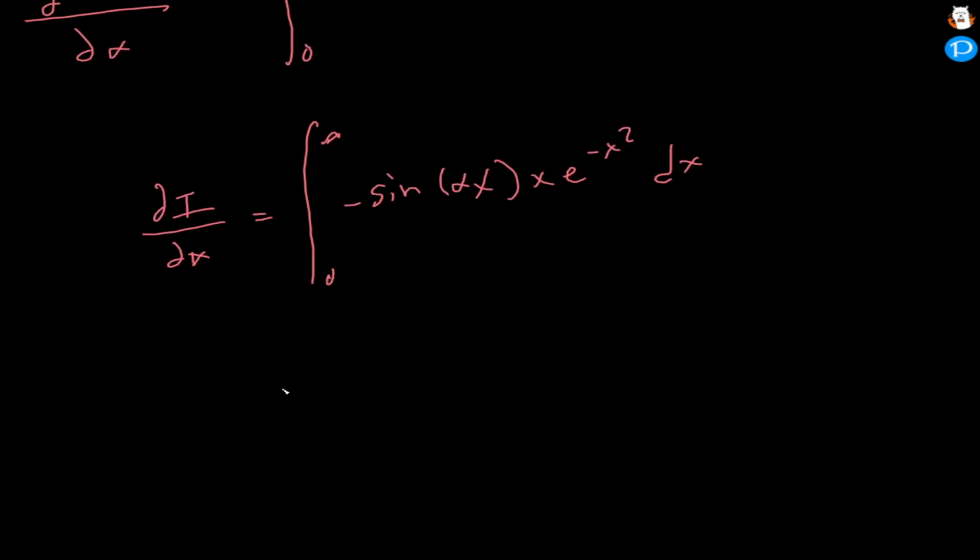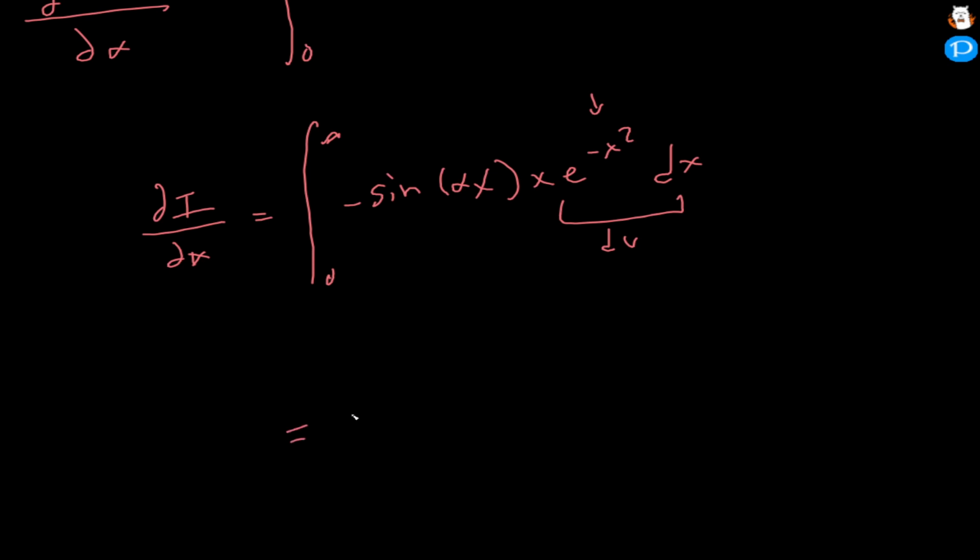Great. And so from here, what we'll do is we'll assign this to dv, and we'll assign this to u, and we'll evaluate from there. If we assign this to dv, we can imagine this as a u, so we use a nice u substitution. And if we u-substitute that and plug that back in, we know that these x will cancel out, and there'll be a 2 at the bottom.